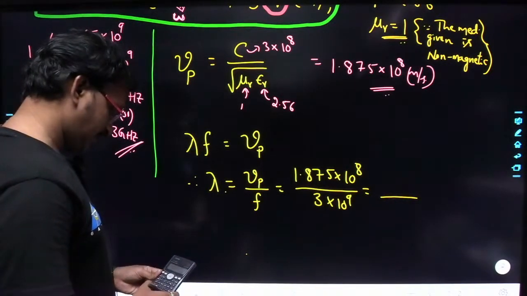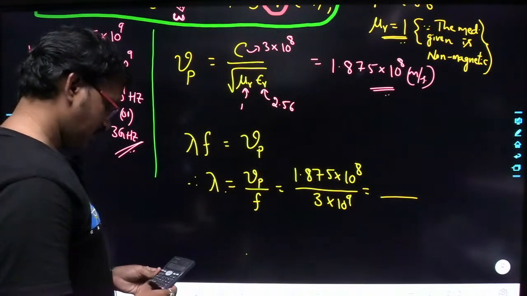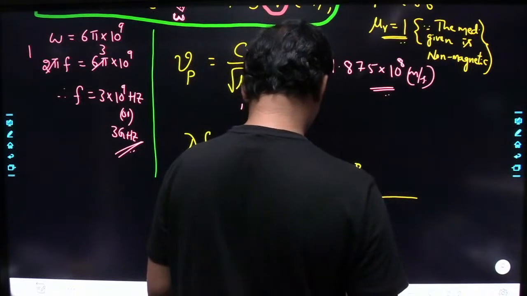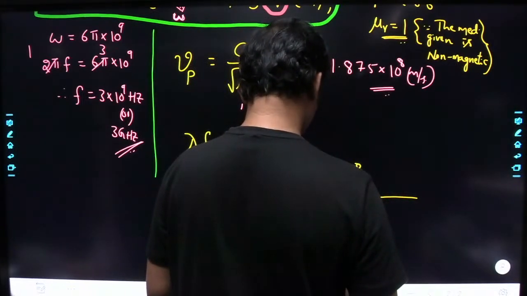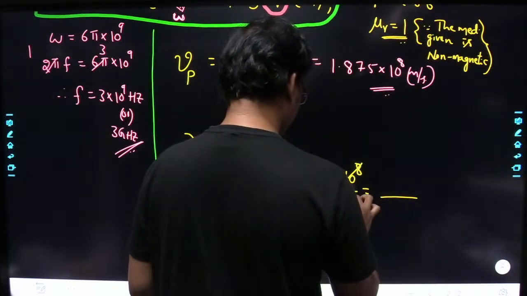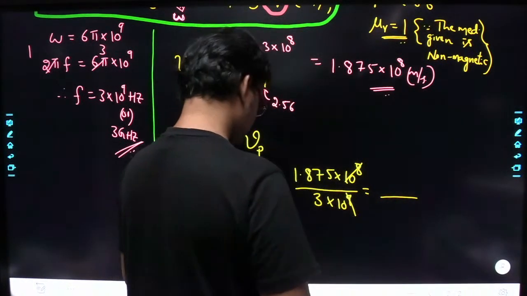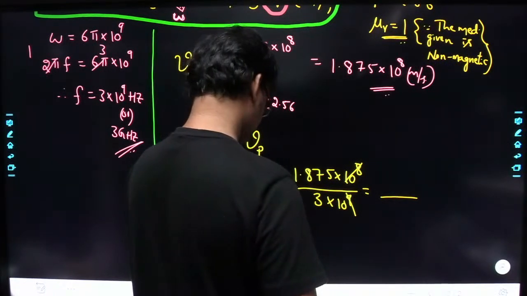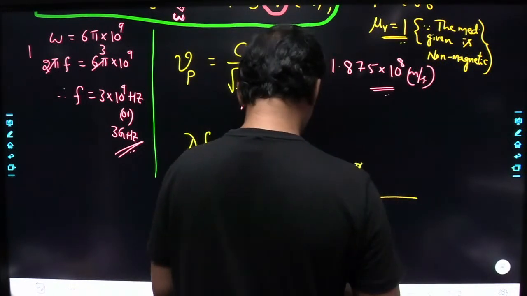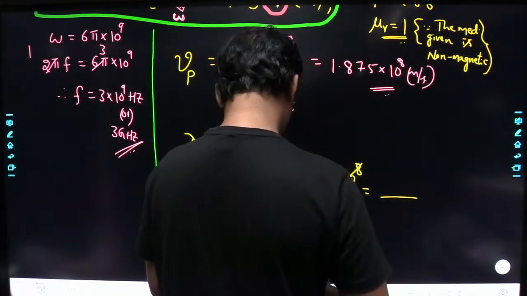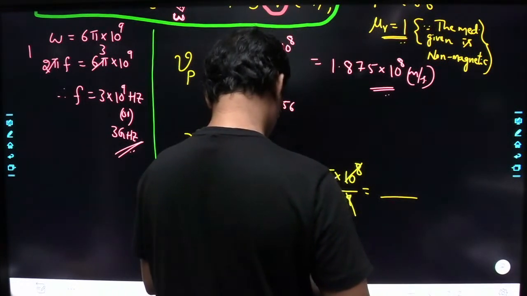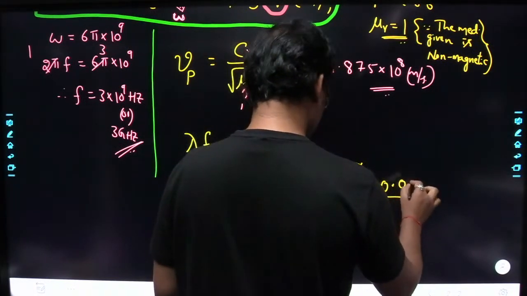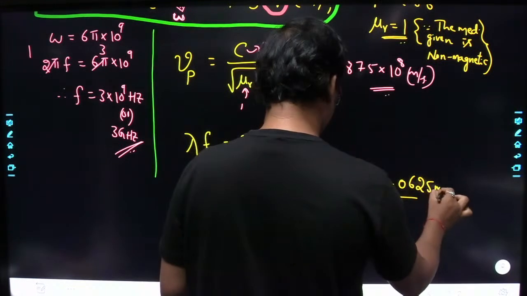1.875 divided by 3. Here 10 power 8 and here 10 power 8 will get cancelled, right? So you will get 0.0625 meters.